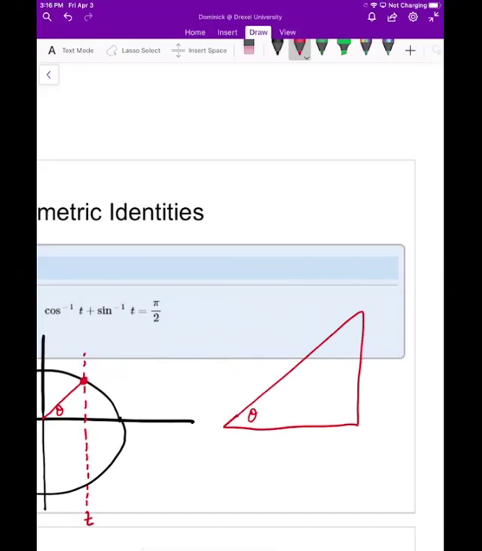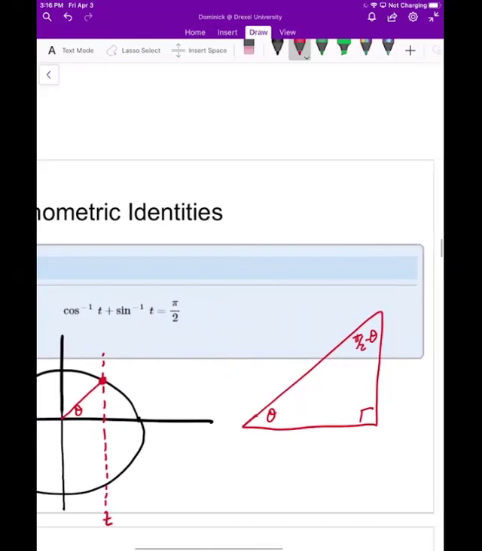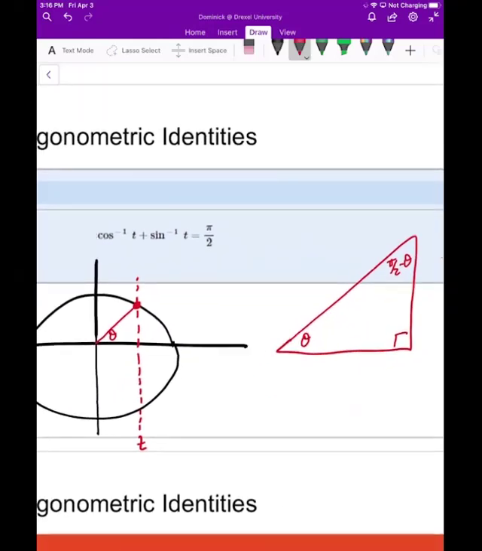If this is theta, this is pi over 2 minus theta, and this is my right angle, right? So we know that for any number between -1 and 1, my t value will look something like this, right?